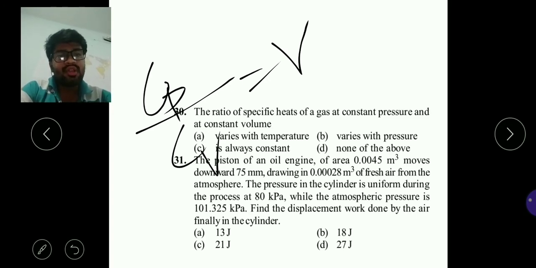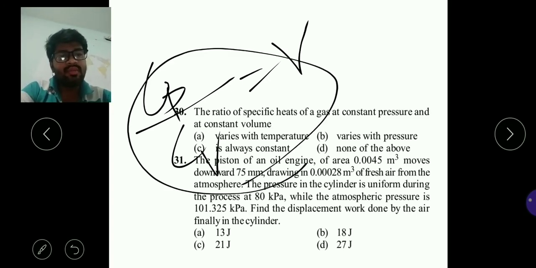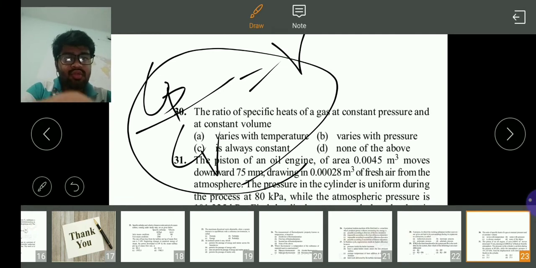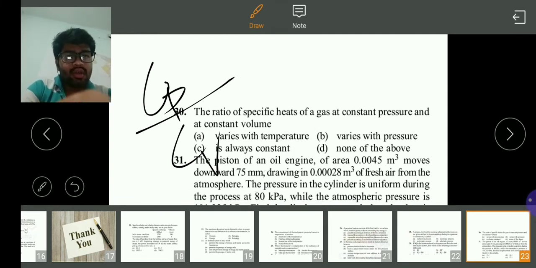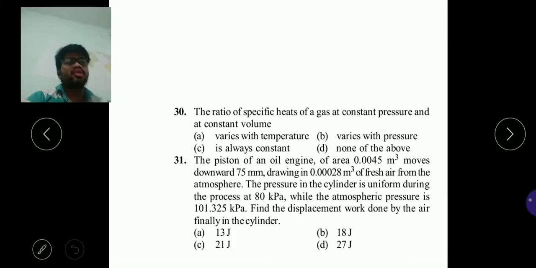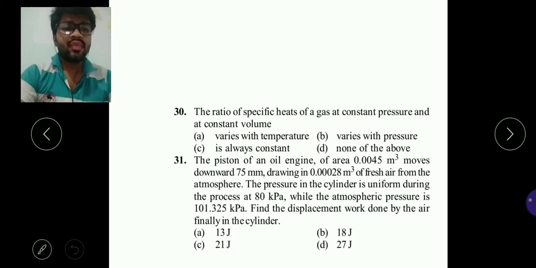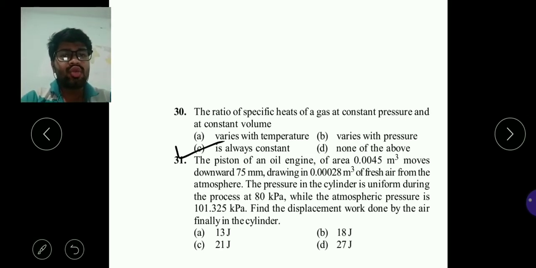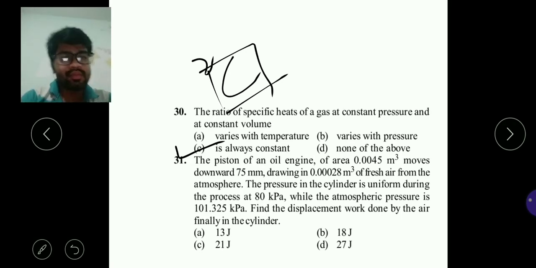Cp by Cv, that is gamma, remains constant for a gas. It doesn't vary with temperature, it doesn't vary with pressure also, it always remains constant. So C is the right option here.